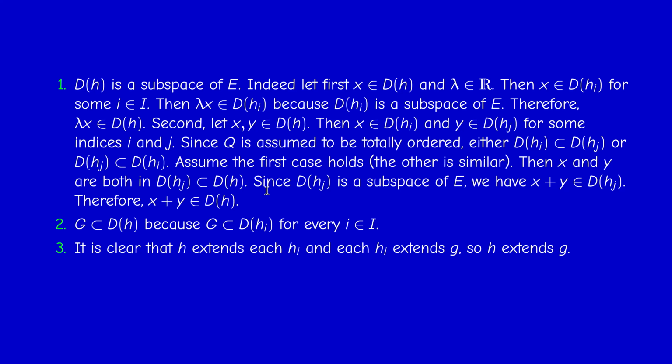Now, by definition H is an extension of each h_i, because h of x is equal to h_i of x if x belongs to D_{h_i}. So it's an extension, so it's defined on a bigger domain. Now, since each h_i extends G, the extension of the extension is okay.